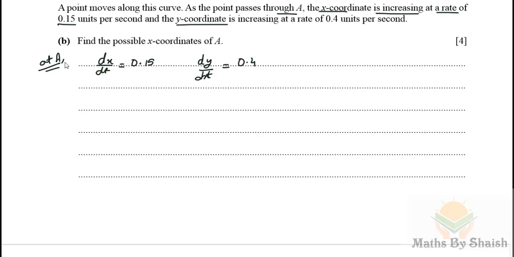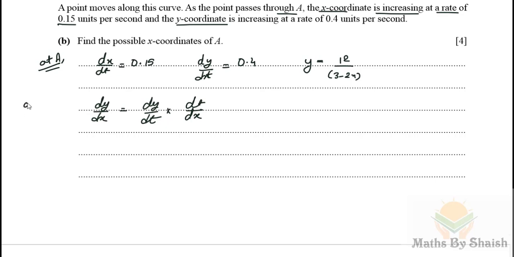So it is at A, this is given, and from the previous part we know that y is equal to 12 over 3 minus 2x. So we are going to make a relation between them, and we know that dy over dx is equal to dy over dt into dt over dx by chain rule.